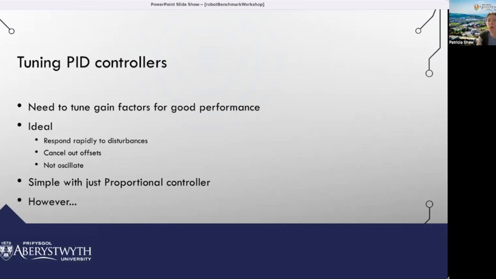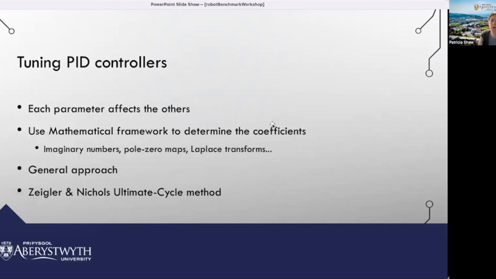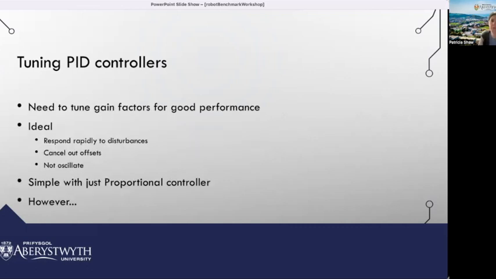We'll start with just a simple proportional controller, so just using one part of the PID. If we only had a proportional controller, just one component of that PID, then this is quite straightforward to tune because there is literally just a single value that we're adjusting.